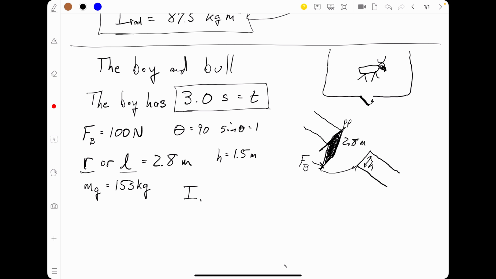It's the same as the I of a rod, so it's 1/3 the mass of the gate times the length of the gate squared. I'm going to now call it I gate. We have a few questions. A, what is the moment of inertia of the gate? Well, we kind of just laid that out.